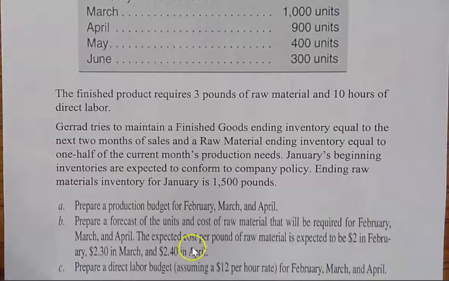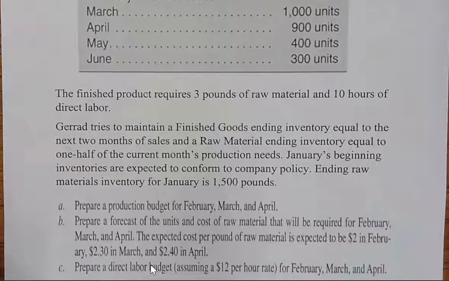They give us some detail here, which might very well be in the second video. And then finally, we're going to prepare a direct labor budget, assuming a $12 per hour rate for these 3 months. It's going to be the same 3 months in all of these.